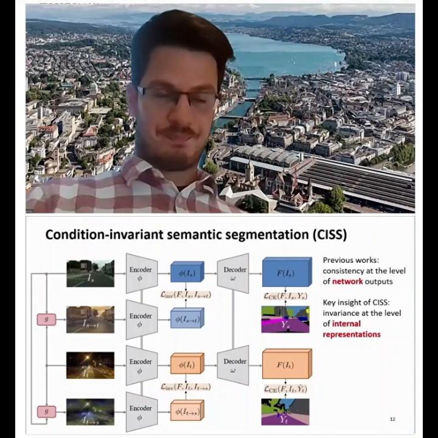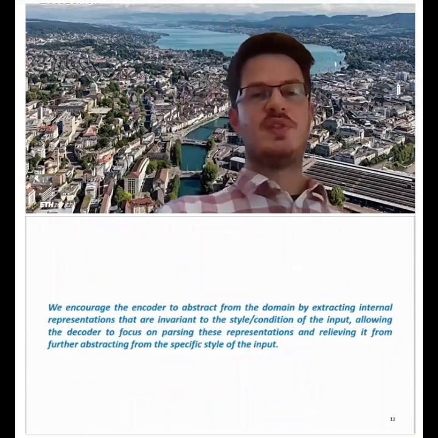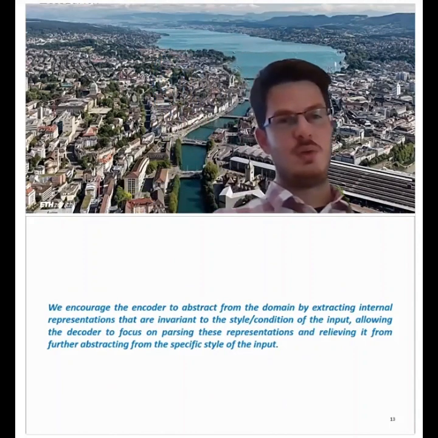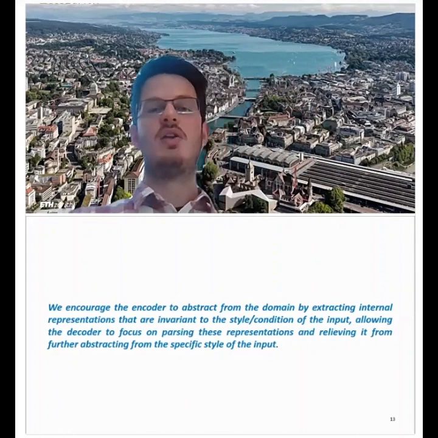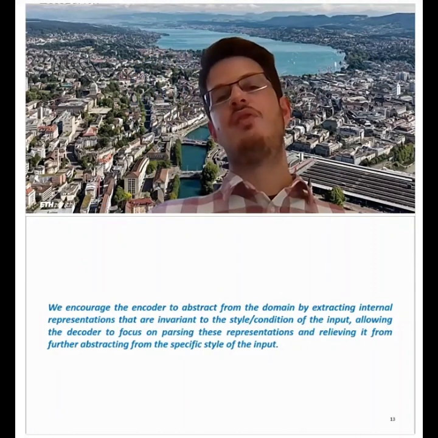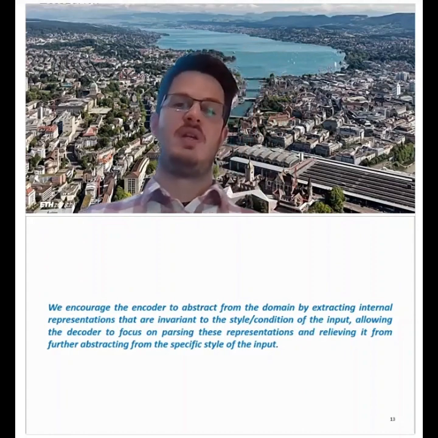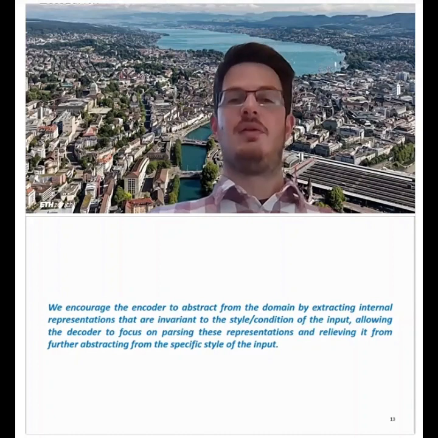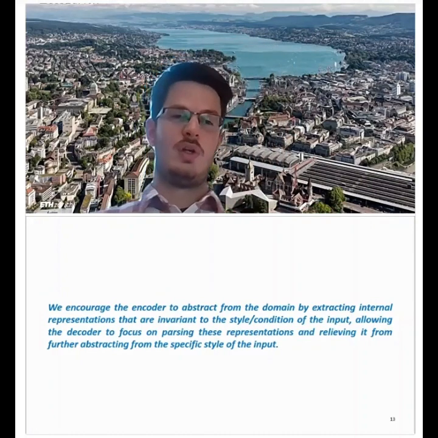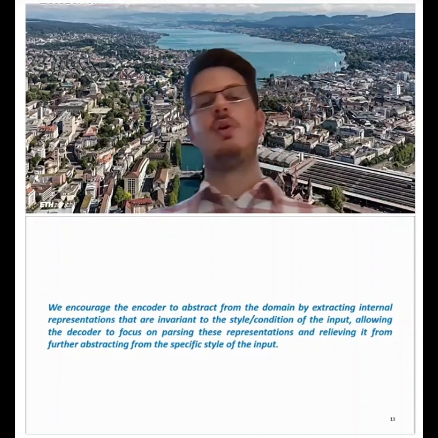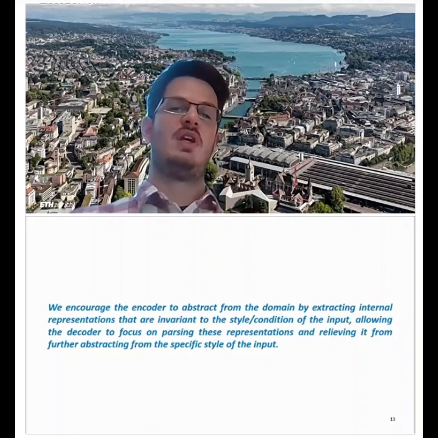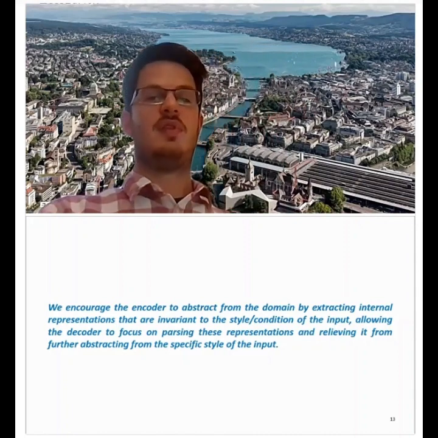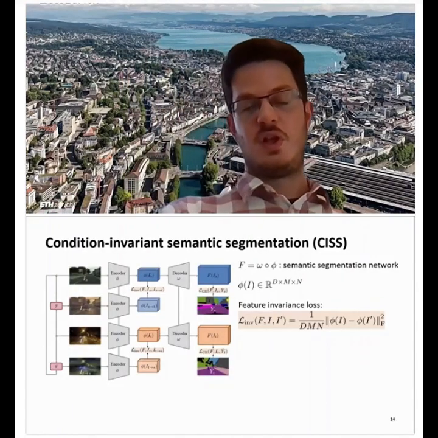So these feature maps phi that we see in the middle of the network between the encoder and the decoder. The reason we do this is that we want to encourage the encoder to abstract away from the domain of the input by extracting internal representations that are already invariant to the style of the input, and thus allow the decoder to focus only on parsing these representations and not having to further abstract from the specific style of the input based on the representation that it gets from the encoder.